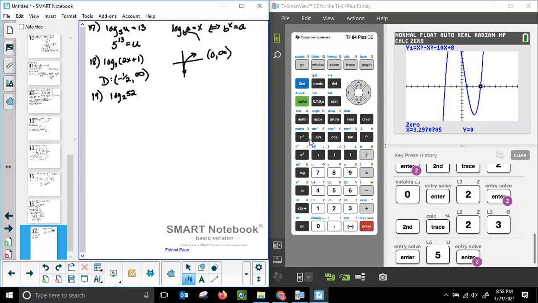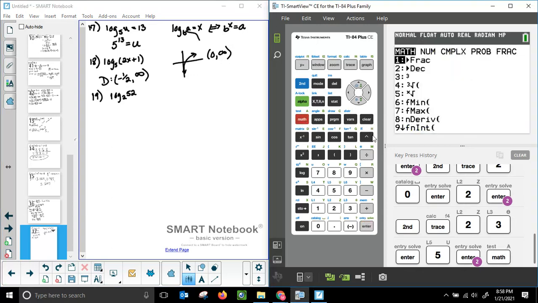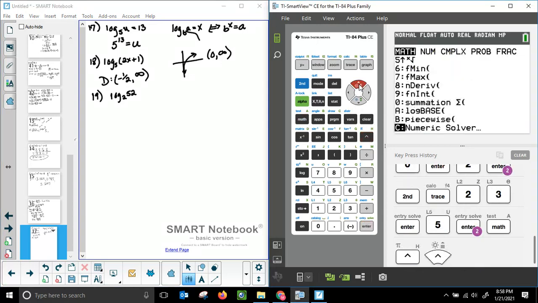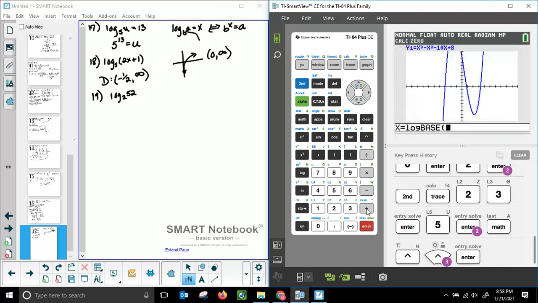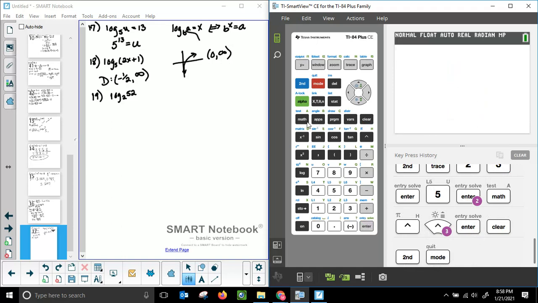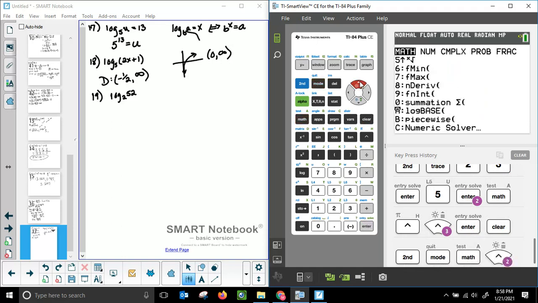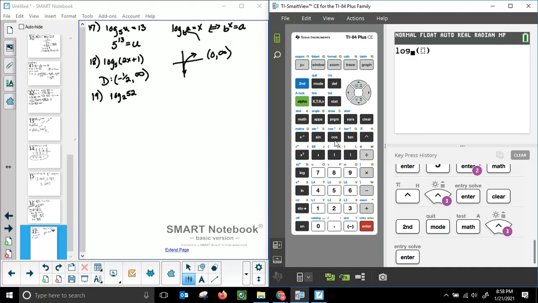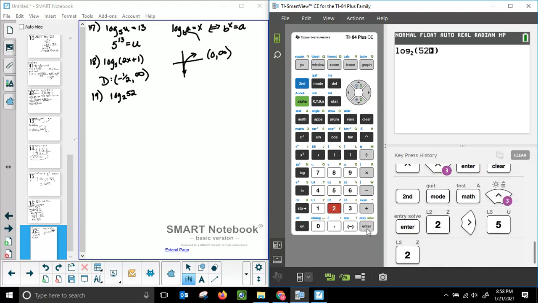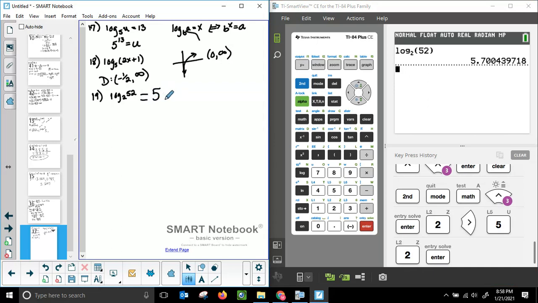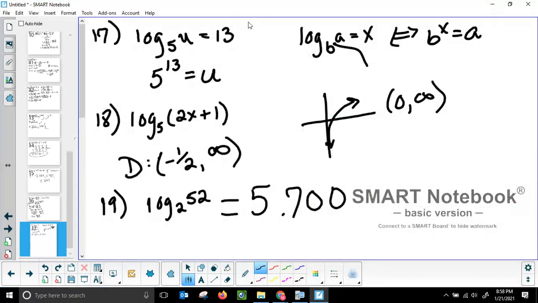We can say math, and use the log base function. We can say log base 2 of 52 equals 5.700.